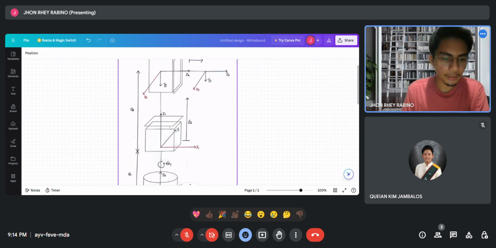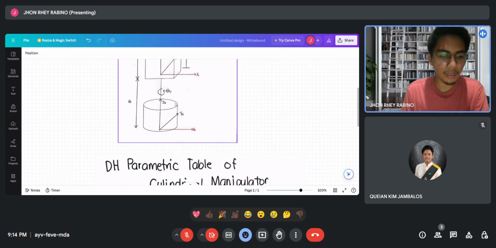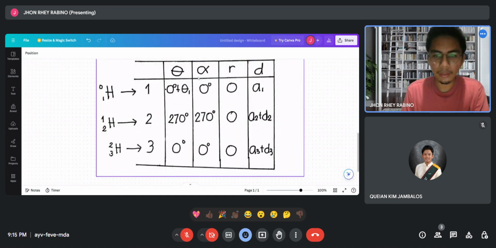If we align z sub 0 to z sub 1, it is already in the equal path. So the alpha here is 0 degrees in the homogeneous transformation 1 to 0.